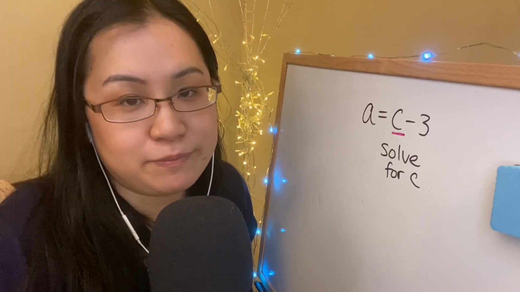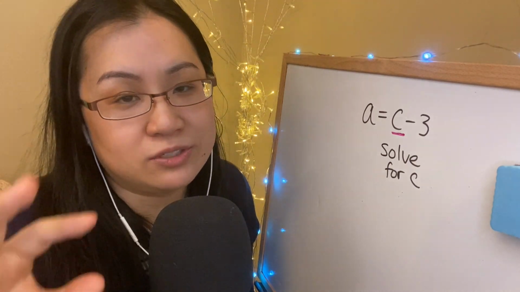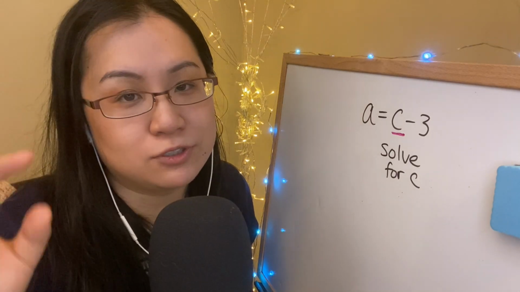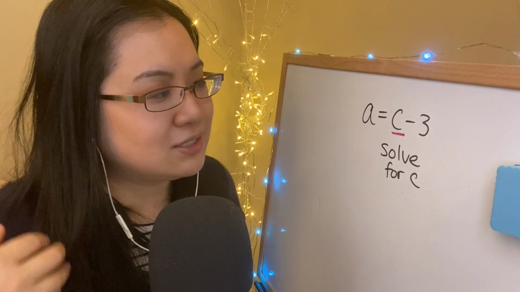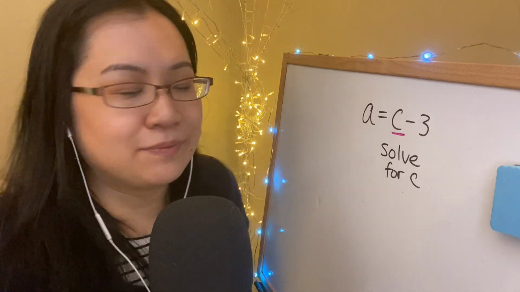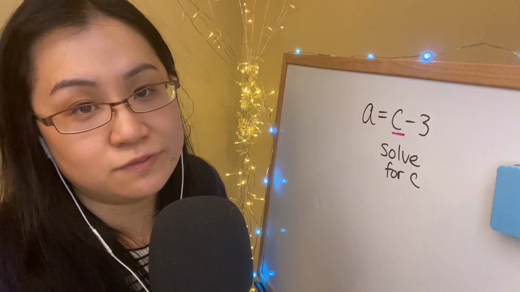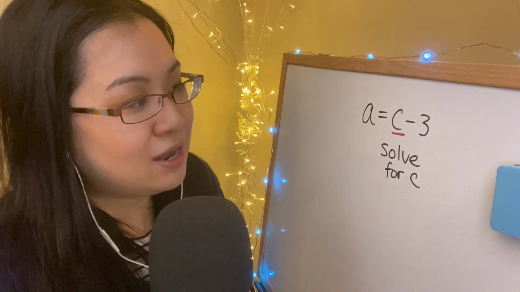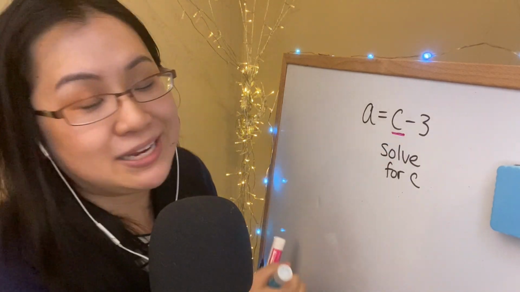If you have been around, you know that recently we did a little inverse video. We talked about inverse functions, and you can apply that here. So the idea is I have a C and I'm going to subtract 3. If I want to isolate that C, I'm undoing the minus 3 by adding 3. I have a minus 3 here.